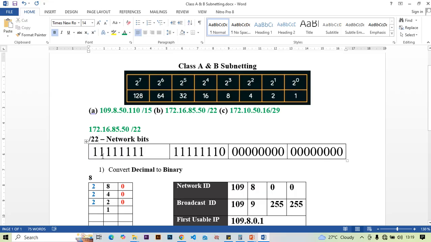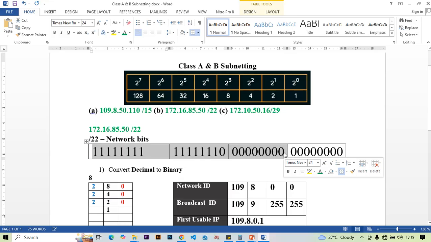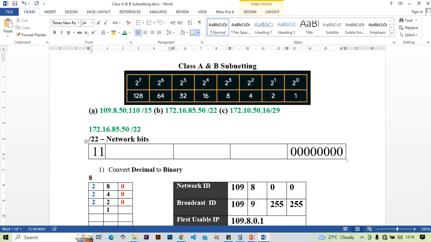And so by listing them, we have 1, 2, 3, 4, 5, 6, 7, 8 in the first octet, 9, 10, 11, 12, 13, 14, 15, 16 in the second octet. Remember, each has 8 bits. 16 is where we've stopped. 17, 18, 19, 20, 21, 22, 23, 24.